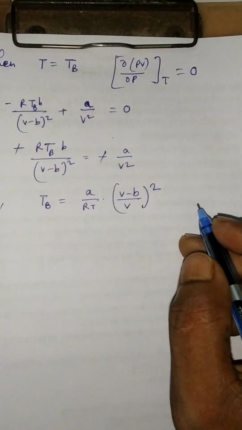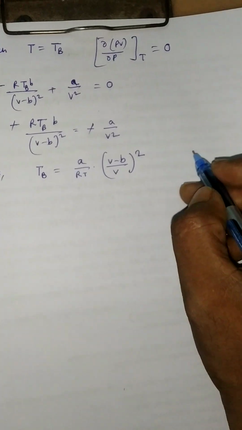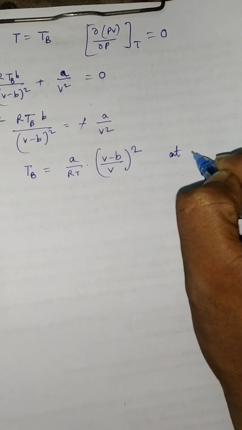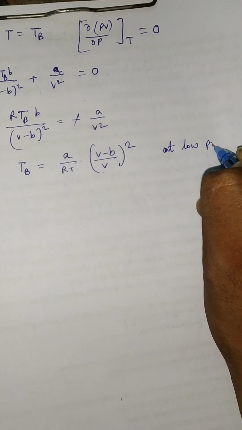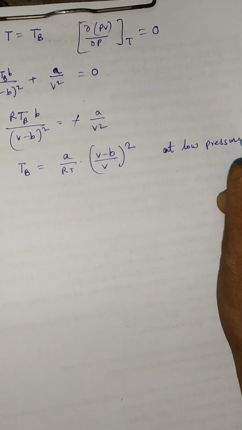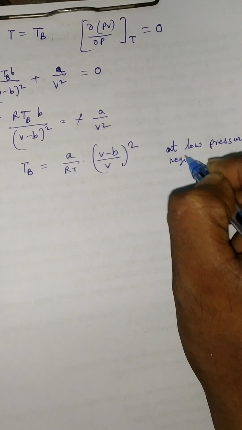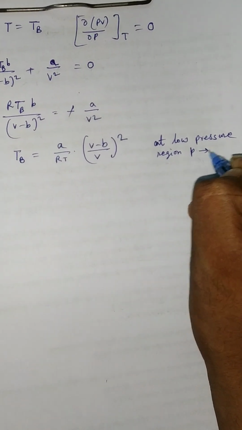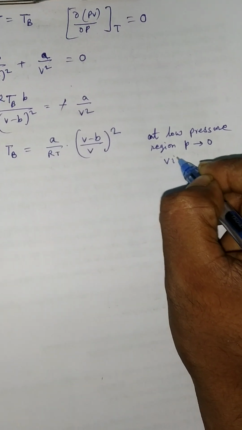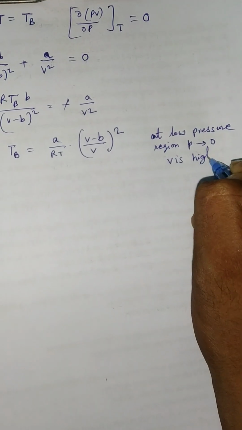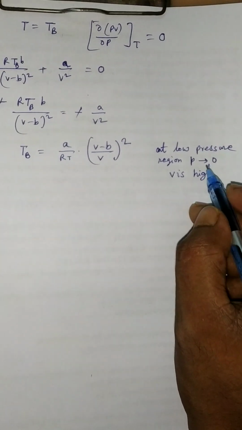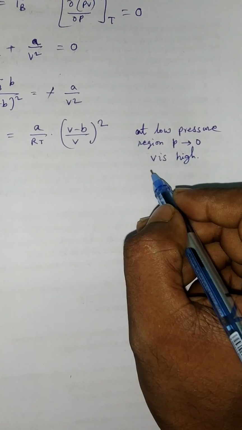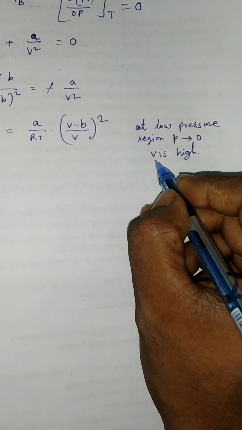Next, our condition is that at low pressure region, where pressure is very small, P tends to 0, V is very high.